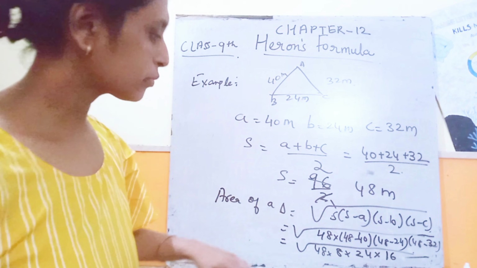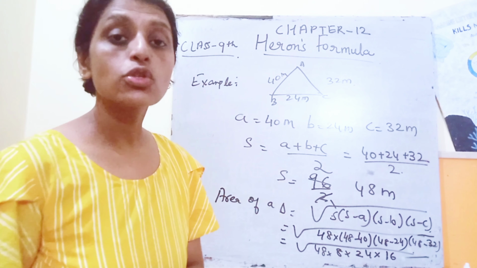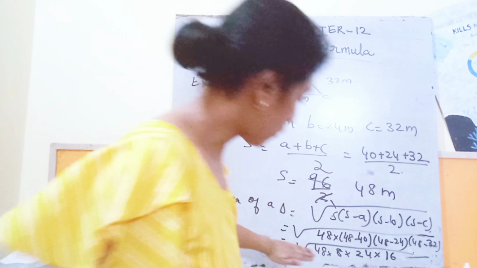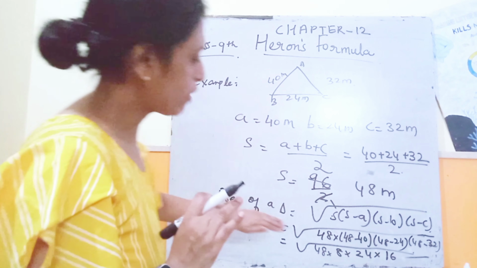As this is a square root, you have to find the square root. The simplest way is to find out the pairs.